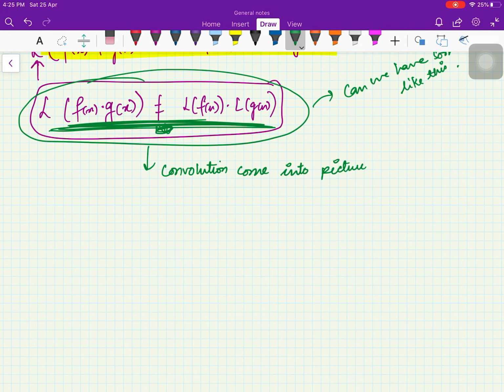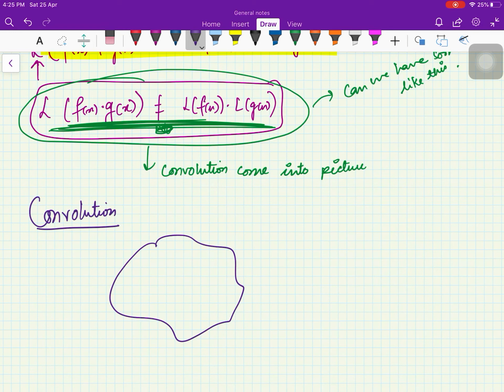Let us see what the convolution theorem is. Before the introduction of the convolution theorem, you should know what convolution is. Convolution is basically a function. Suppose you have two functions, f of x and g of x.